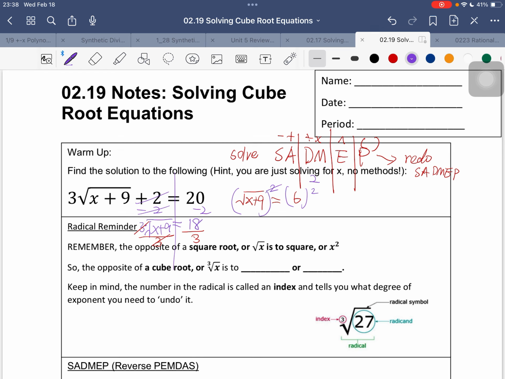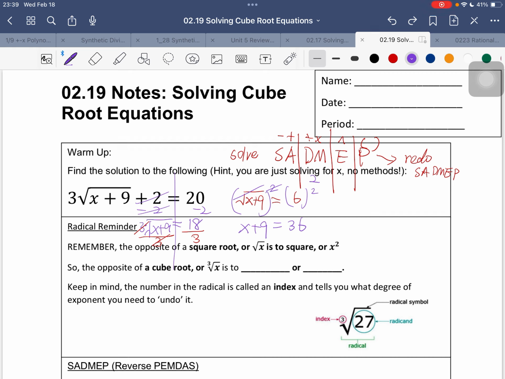Okay, square root and square get canceled out. 6 squared is 36, refer to the perfect square cheat sheet, the anchor chart on the wall. 36 equals x plus 9.